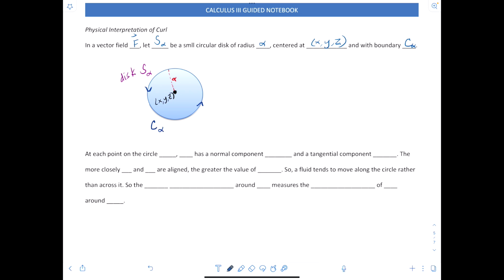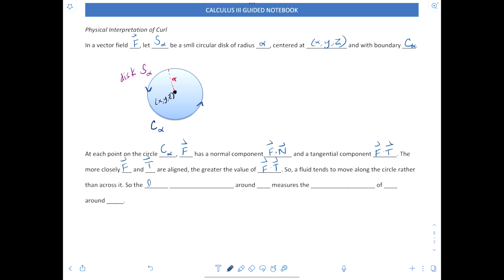So at each point on the circle C alpha, this vector field F has a normal component, F dot n, and a tangential component, F dot T. The more closely that F and T are aligned, the greater the value of F dot T. So a fluid tends to move along the circle, which is important, rather than across it.